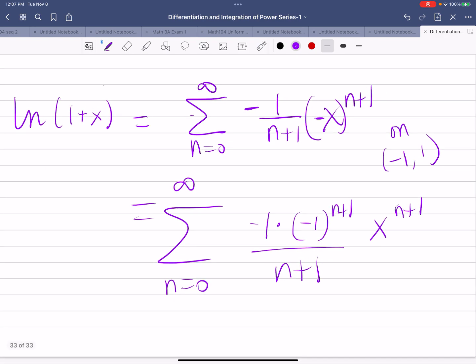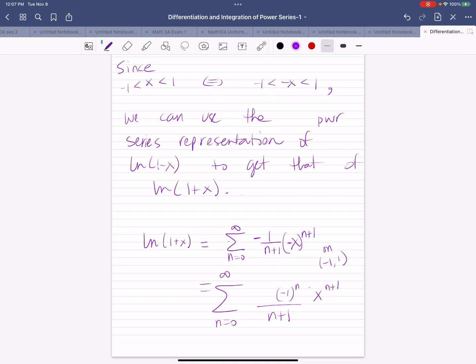But watch this. I can combine this negative 1 with this negative 1 to the n plus 1, and make that simply negative 1 to the n plus 2. And negative 1 to the n plus 2 is the same as just negative 1 to the n. This will be valid on negative 1, 1.